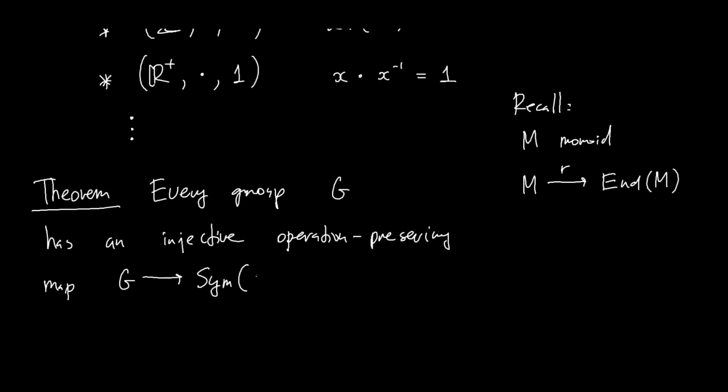So this would be all bijections, those endofunctions f from G to G which are bijections.